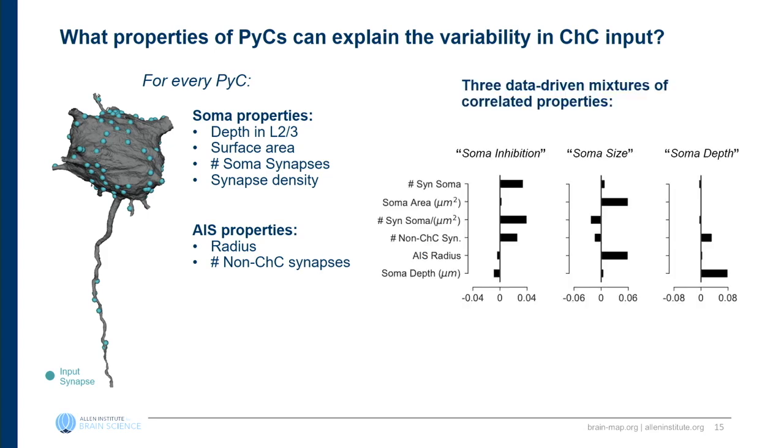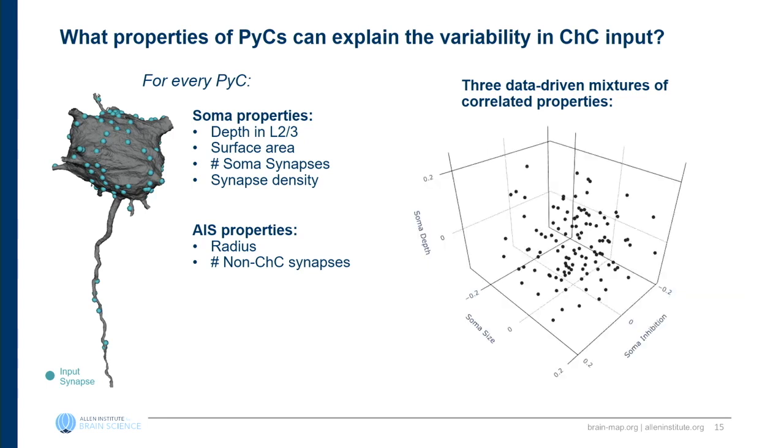If you take a data-driven approach to the measurements of all of these properties across the 150 or so pyramidal neurons, you can actually get these data-driven mixtures, something like principal components analysis, that seem to be very interpretable: one component that corresponds to how much inhibition the cell gets from other cell types than Chandelier cells, one component that corresponds to how big the cell is, and one component that corresponds to how deep it is within layer 2-3.